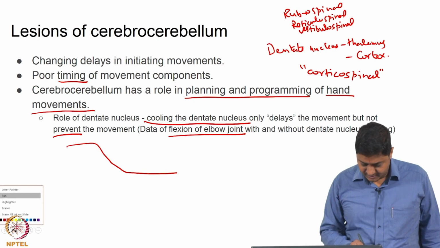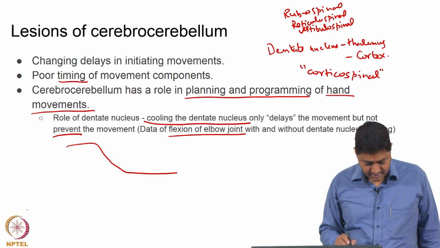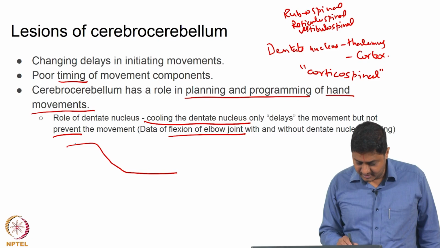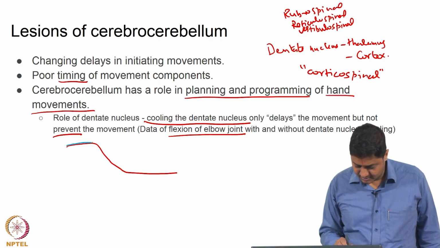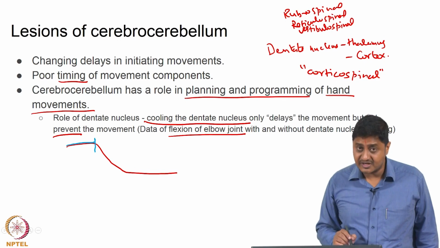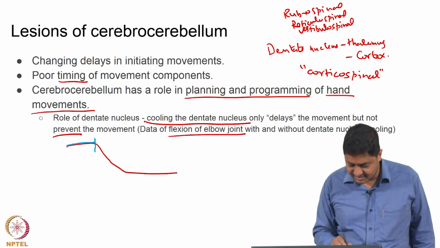Now, that is for the control case, and in the case where there is cooling, right. So, what happens is that, at around that time is when you expect the movement to start. Actually, that does not happen here because there is a delay.